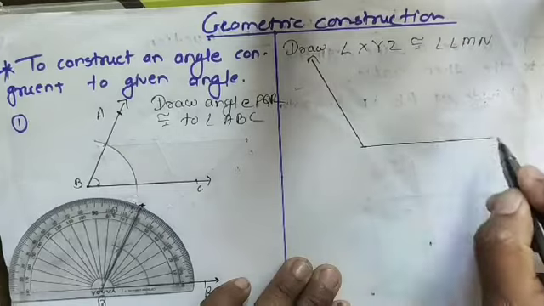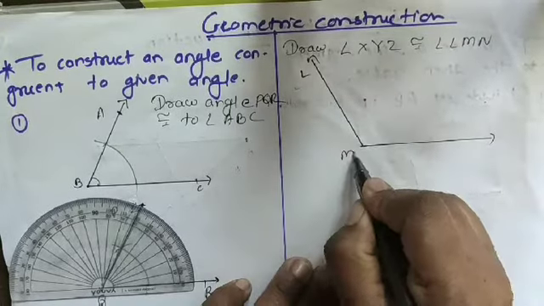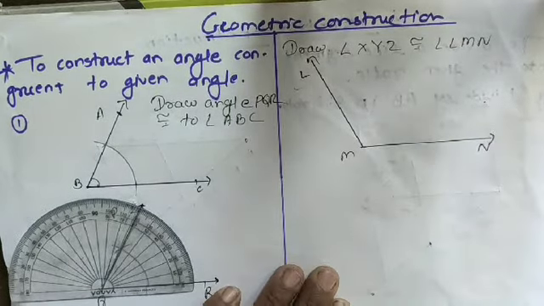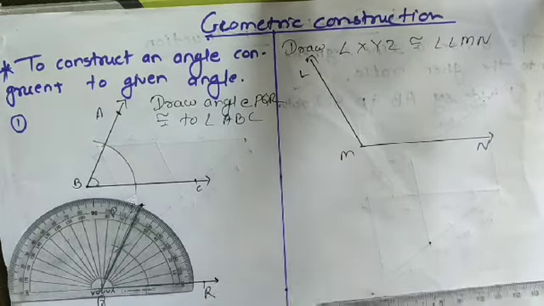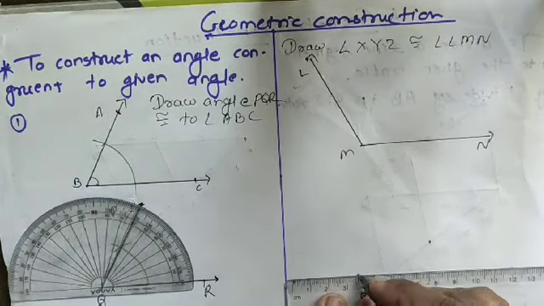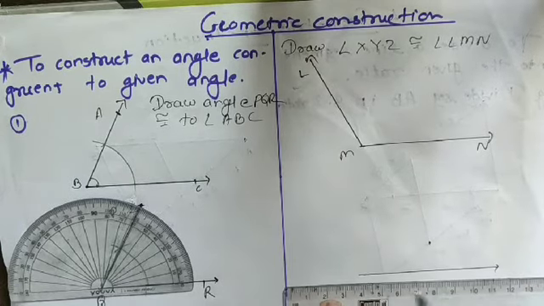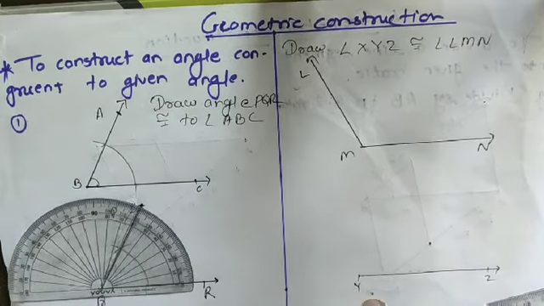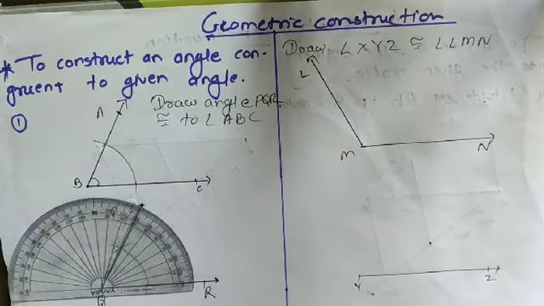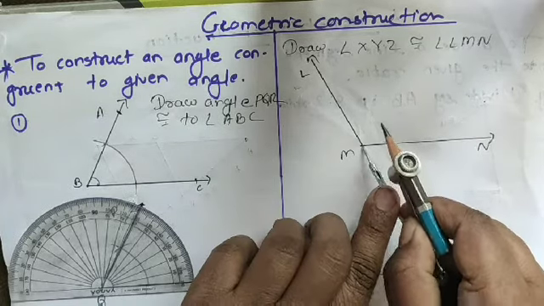So this is my angle LMN. Now I don't know the measure of this LMN. So first of all I will draw YZ. This one is Y and Z. This is ray YZ.